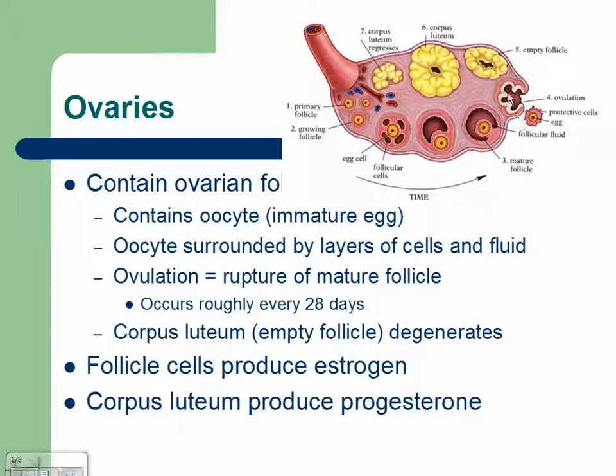And then the corpus luteum, after the egg's been released and that follicle is breaking down, releases another sex hormone for females called progesterone. And so this accounts for the differences in both characteristics physically and maybe emotionally that go on at different times throughout a female's cycle, because in this first half of the cycle, estrogen's being released. In the second half, it's more progesterone.